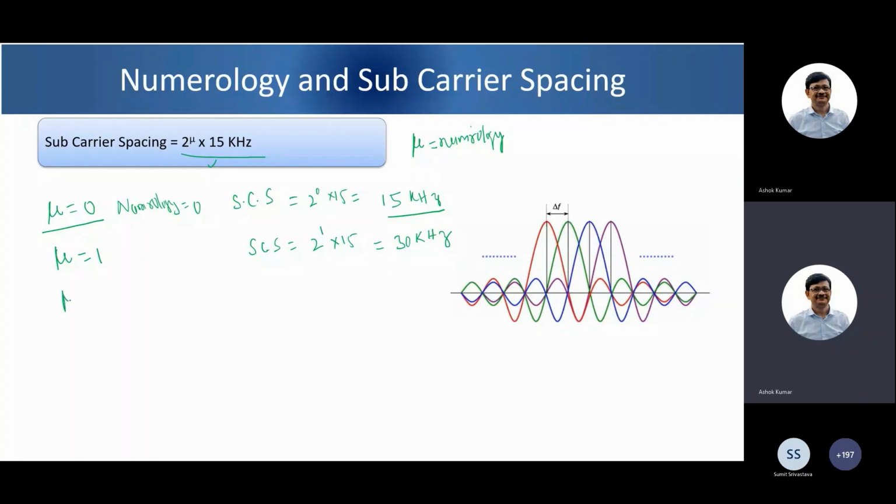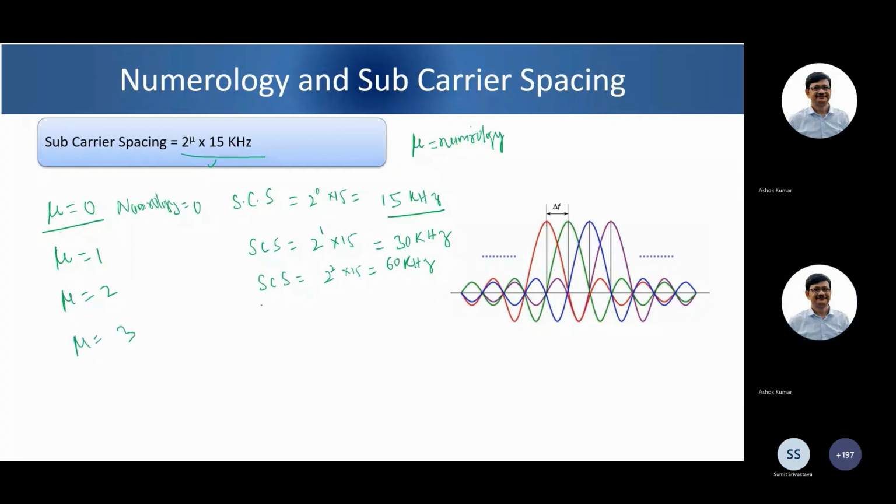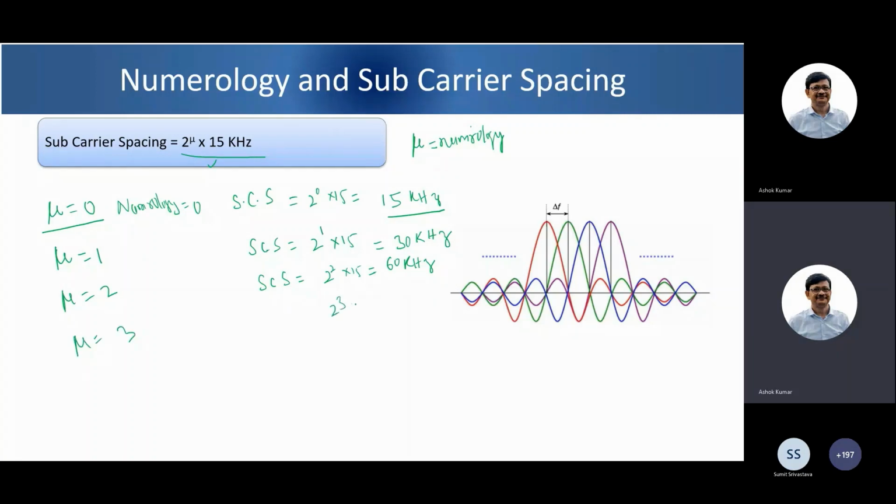What is numerology 2? What will be the subcarrier spacing? 2 to the power 2 into 15 is, yes, lots of answers are coming, 60 kilohertz. And what will numerology 3 be? 2 to the power 3 into 15, it will be 120 kilohertz.